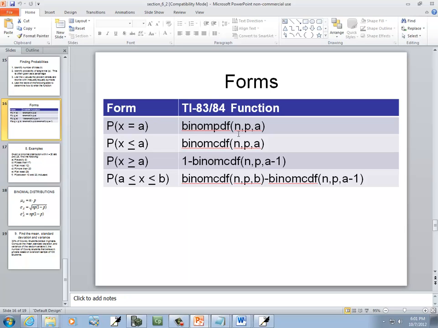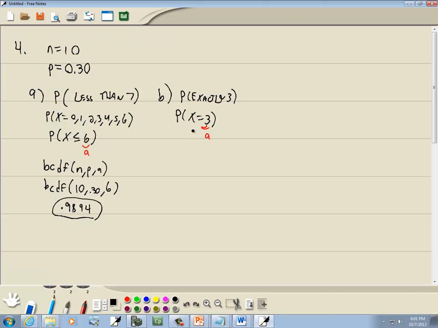So this says we're going to do binom PDF N, P, A. So binom PDF, N, which is 10, P, which is 0.30, and then A, which was 3.